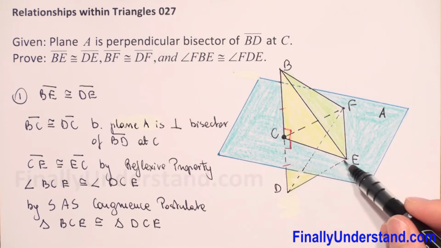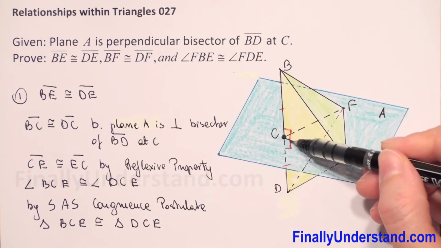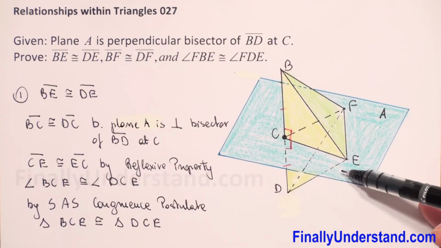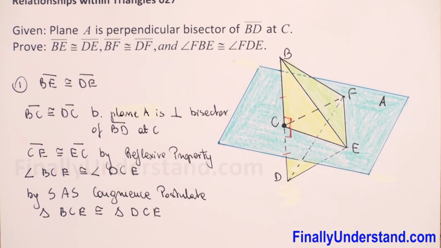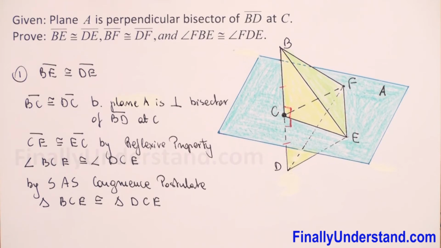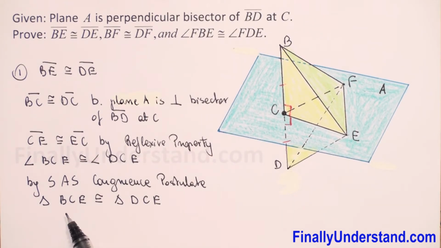This triangle is congruent to that triangle. It means that corresponding parts of congruent triangles are congruent. So we can write that because triangle BCE is congruent to triangle DCE, corresponding parts of congruent triangles are congruent.